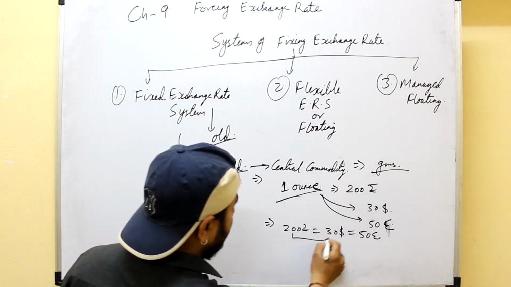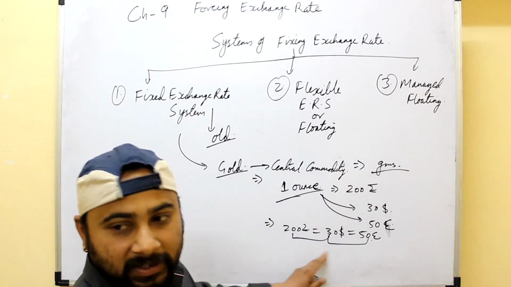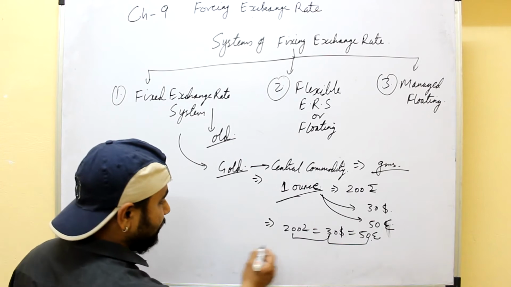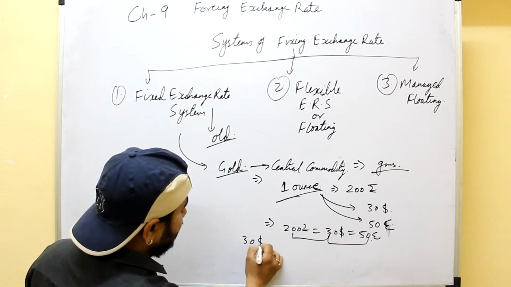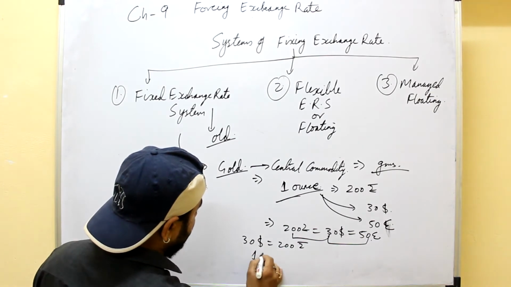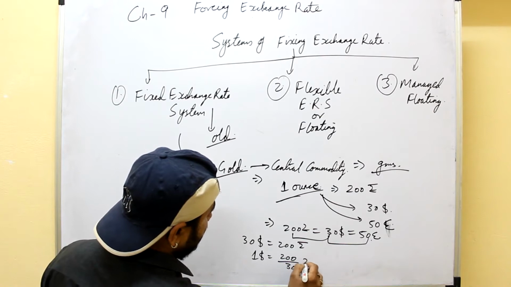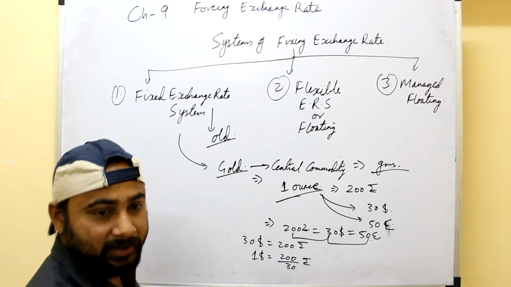Okay, so from here you can determine the exchange rates of one currency in terms of the other currency. Like you can simply say that $30 is equal to 200 Indian rupee, or $1 is equal to 200 upon 30 Indian rupee, right?